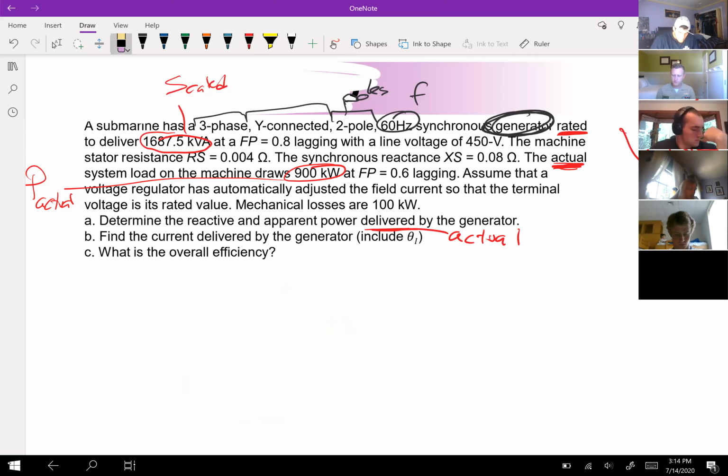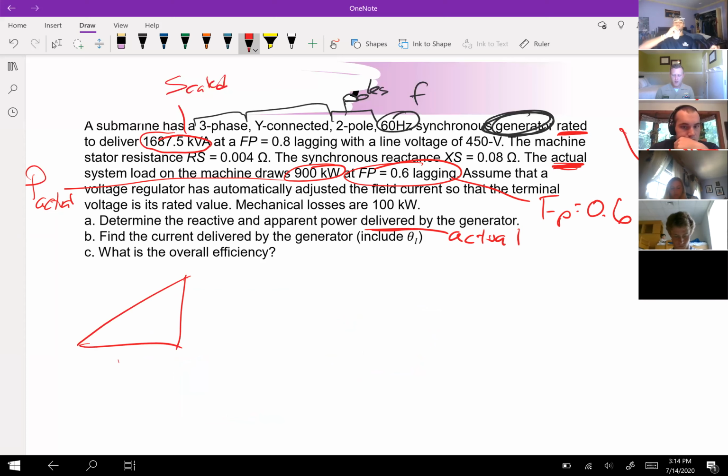Okay, so there's enough conceptual stuff. Now let's just talk about solving it. It says determine the reactive and apparent power delivered by the generator. So I have a power factor of 0.6, PF equals 0.6. If I'm looking at the power triangle, I have P, and if I take cosine inverse of 0.6, that would give me the theta angle.